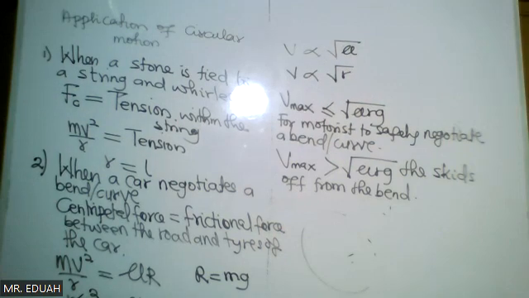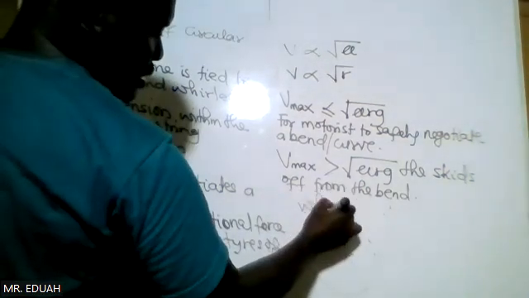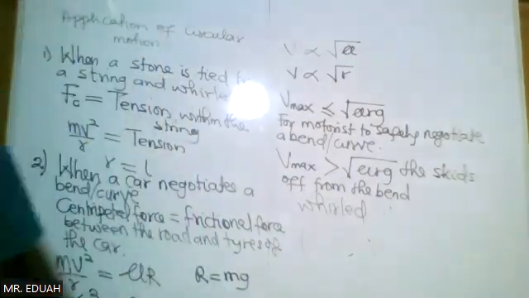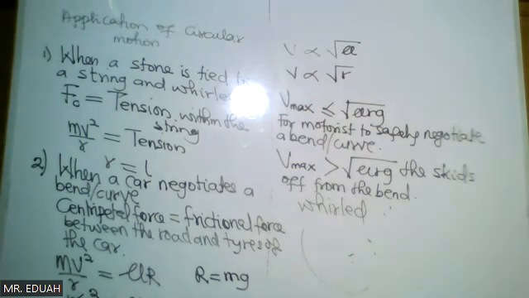The other end is held in the hand, and the object is whirled in a horizontal circle with a speed of 20 meters per second, of radius 2 meters. Calculate the tension in the wire.